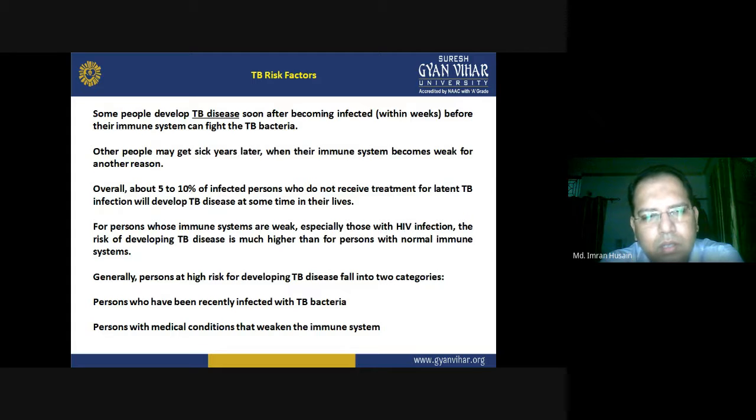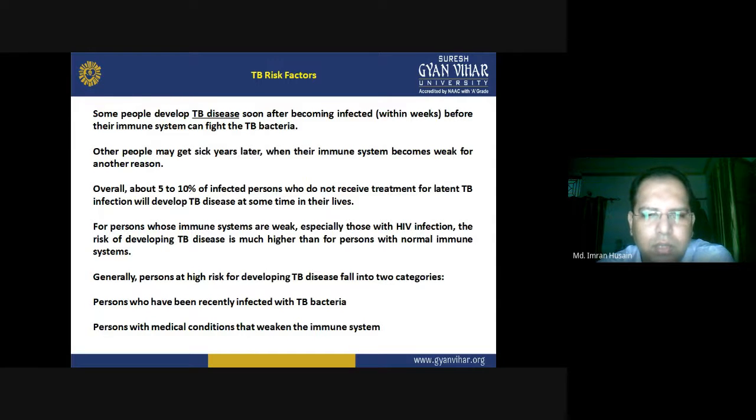For persons whose immune systems are weak, especially those with HIV infection, the risk of developing TB disease is much higher than for persons with a normal immune system. So Mycobacterium tuberculosis searches for individuals who are weak, whose immune systems are not up to the mark. When the individual becomes weak, they immediately attack the person.